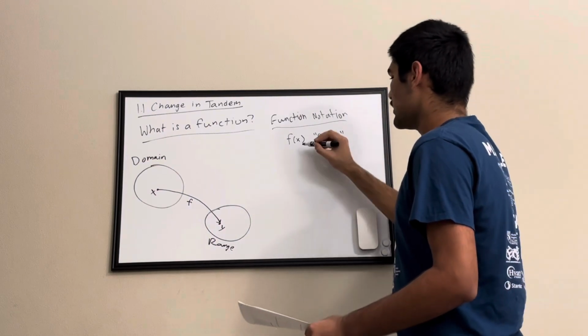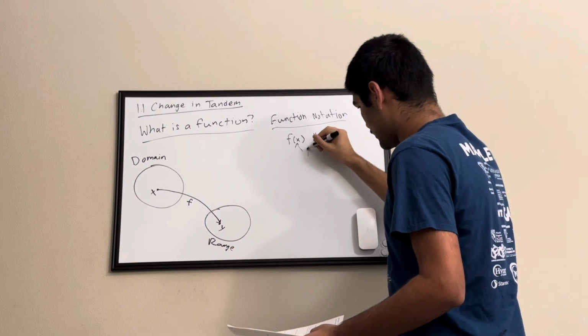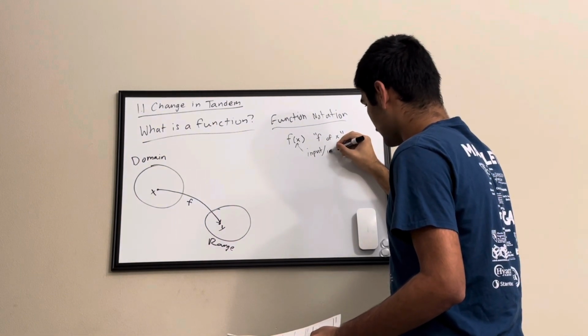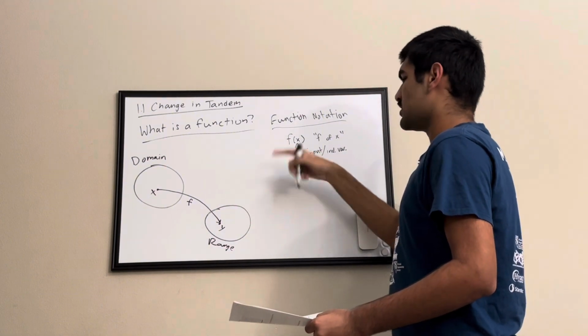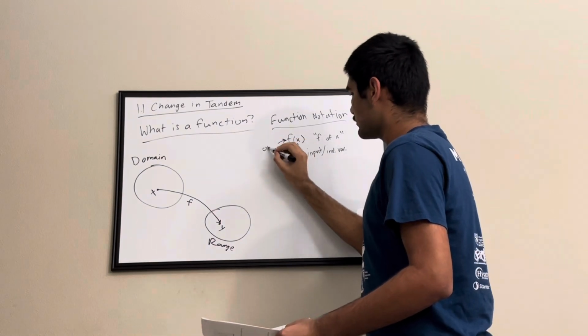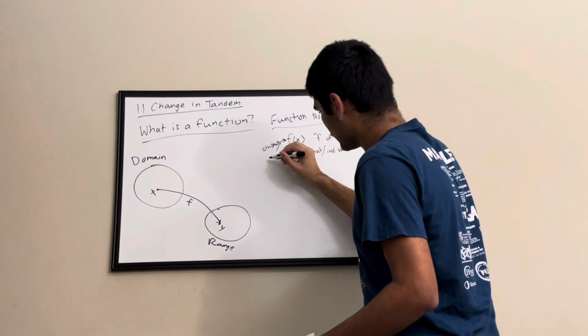Whatever is inside the parentheses is your input. This is the input, or the independent variable. And then the function spits out the output. So f of x is the output, or the dependent variable.